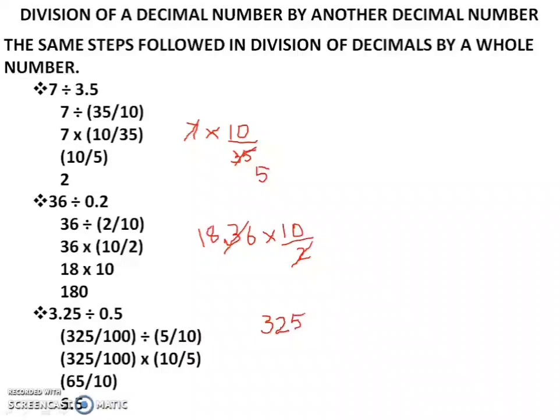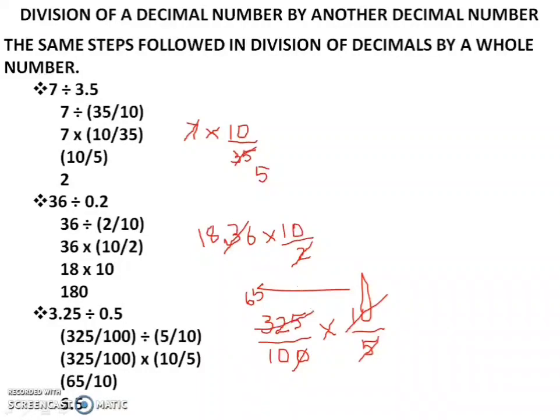Let us see what is happening here. 325 by 100 into 10 by 5. Okay, so 10 and 10 get cancelled. 5 and 325: 5 into 65 is 325.